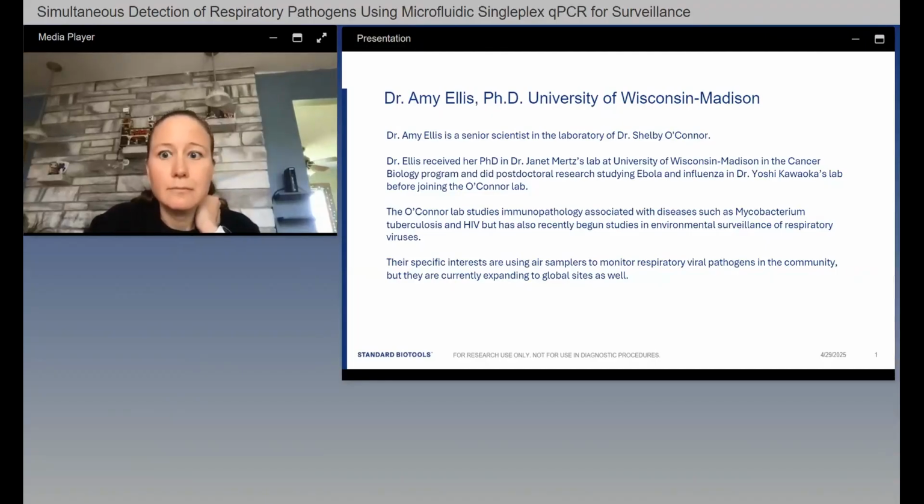The O'Connor lab studies immunopathology associated with disease such as Mycobacterium tuberculosis and HIV, but has also recently begun studies in environmental surveillance of respiratory viruses. Their specific interests are using air samplers to monitor respiratory viral pathogens in the community, but they are currently expanding to global sites as well. And without further ado, I'll hand it over to Dr. Amy Ellis.